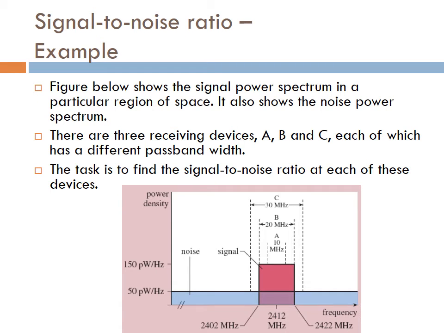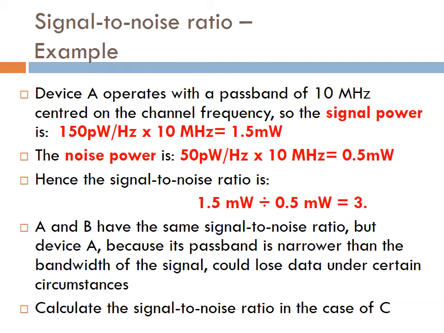We must calculate it, but the answer will be less than 3 in the case of receiving device C, and in this case we can see that the signal to noise ratio of receiving device C has a minimum value.